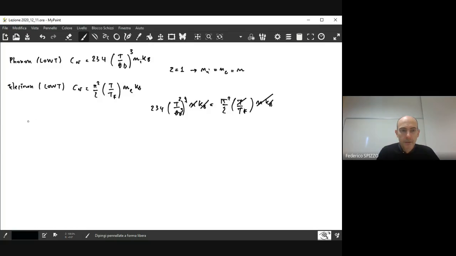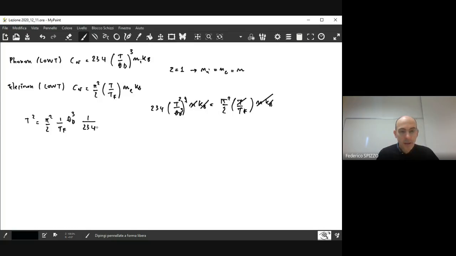So at this point, we may write that T to the power of 2 is pi squared divided by 2, then we have 1 divided by Tf, then the Debye temperature to the power of 3, everything divided by 234.